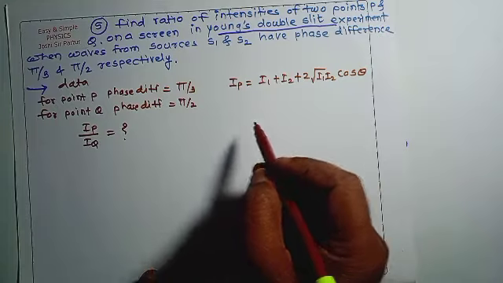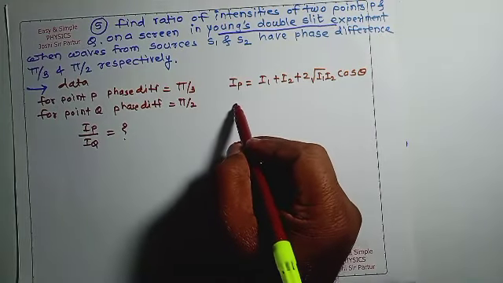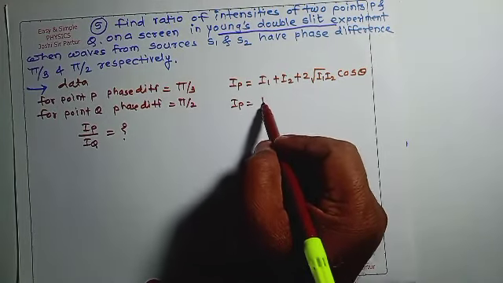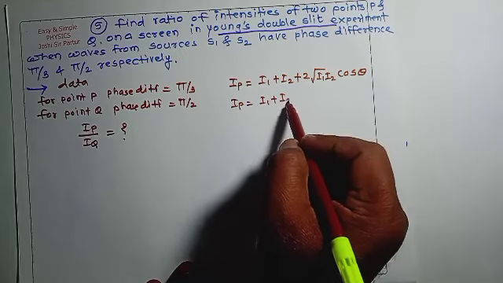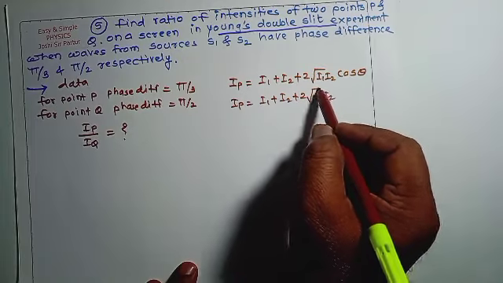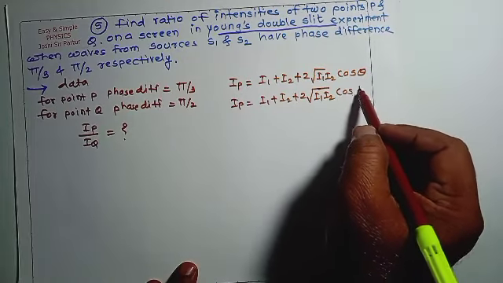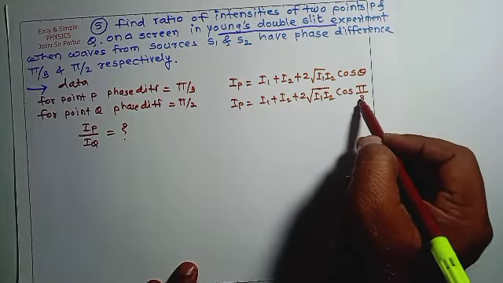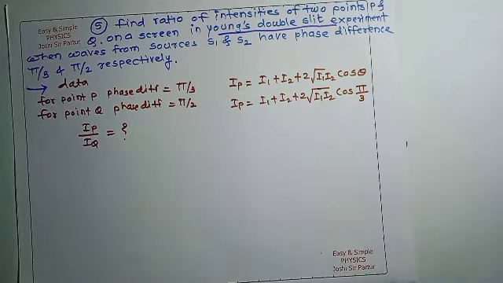If the phase difference is given as pi by 3, then Ip is equal to I1 plus I2 plus 2 times the square root of I1 I2 cos pi upon 3. We know that pi upon 3 means 60 degrees, and the value of cos 60 is 1 by 2.